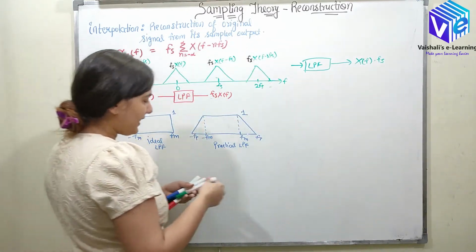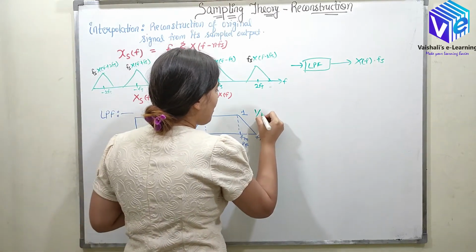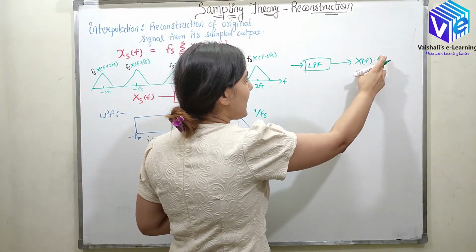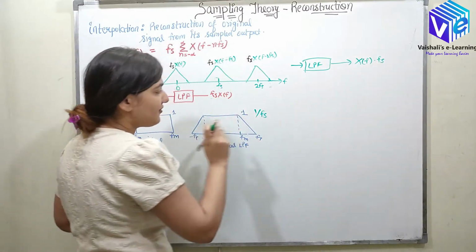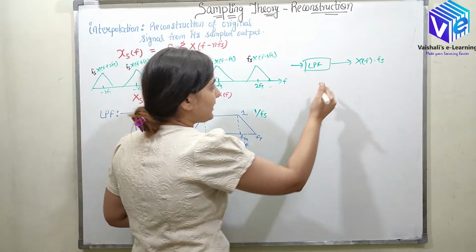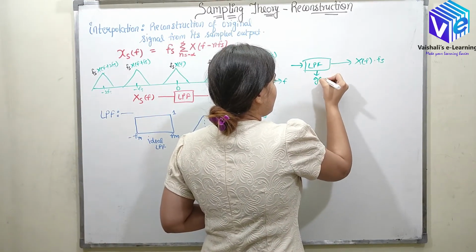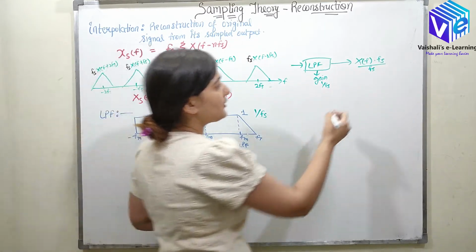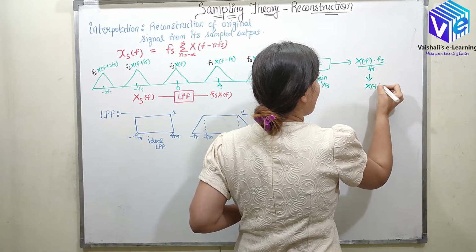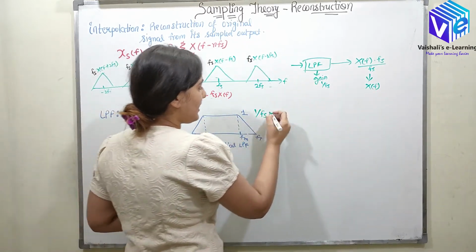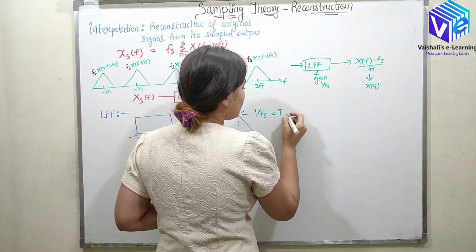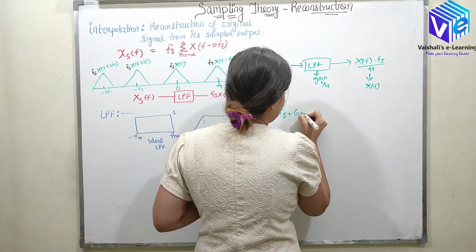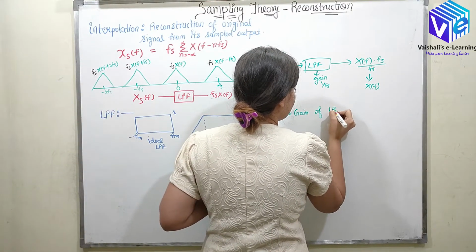If I take the gain as 1 upon Fs instead of 1, the output is attenuated by a factor 1 upon Fs, and the output is now X(f). So I am taking the gain to be Ts, or 1 upon Fs. This is the gain of the low pass filter.